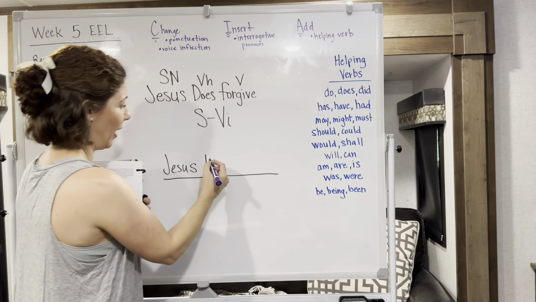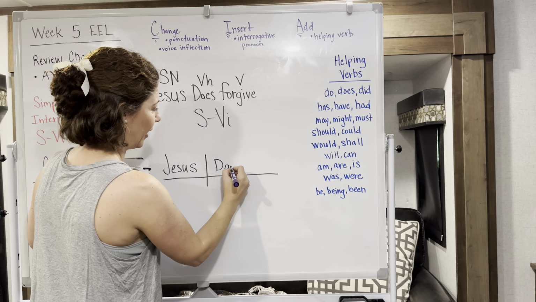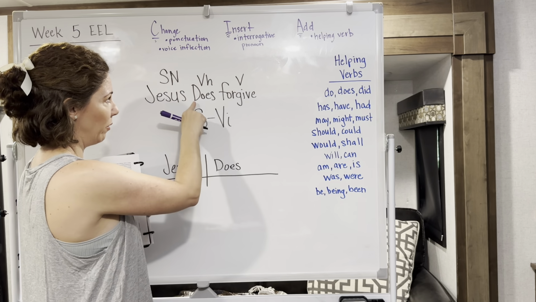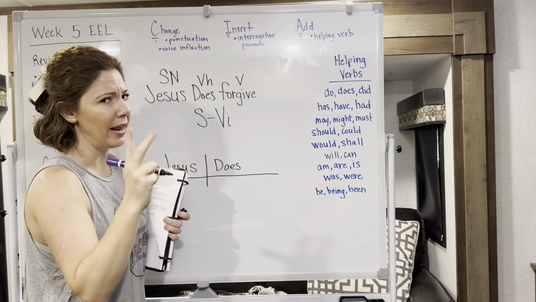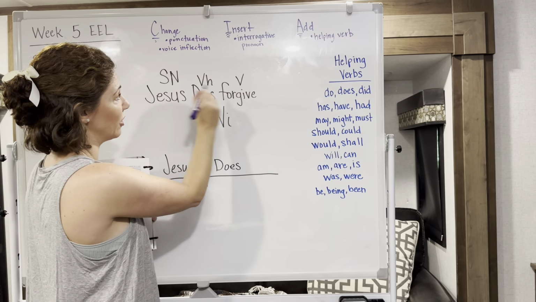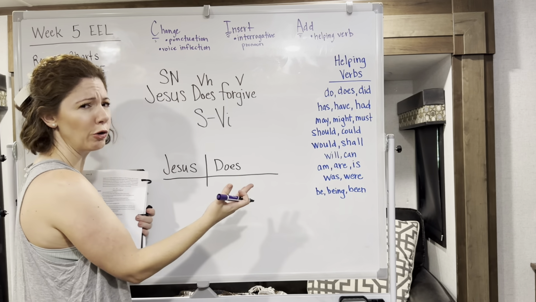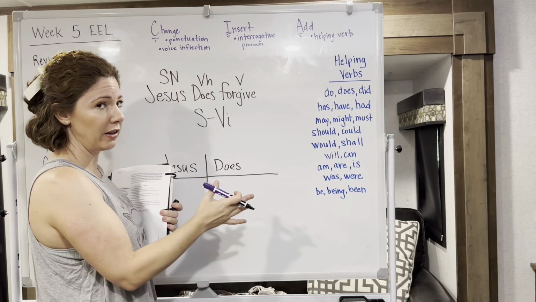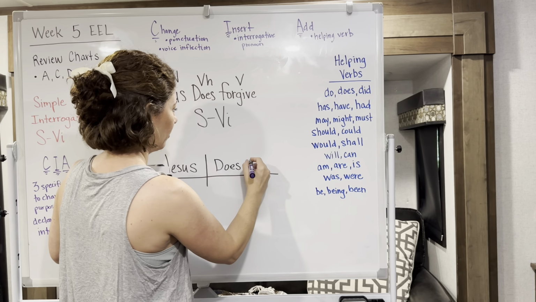So we're going to write our helping verb, and we're going to keep it capitalized because this is the first word of our sentence, and that's how we also can recognize that it actually was a question. Does Jesus forgive? So we're keeping our sentence true to itself. It's truly an interrogative, but we rearranged it, made it declarative for the purpose of diagramming and parsing. Okay.